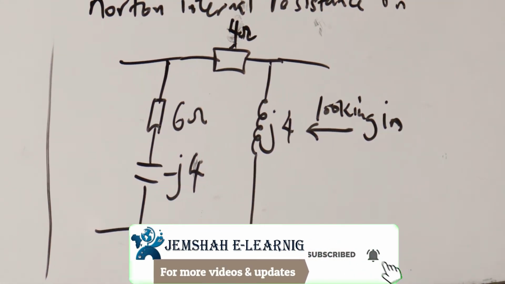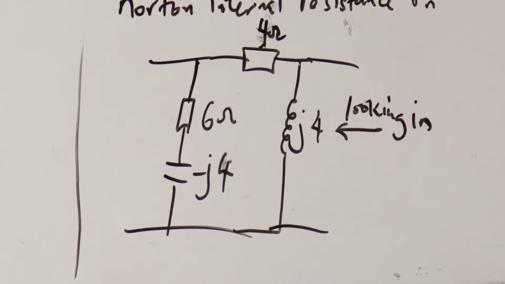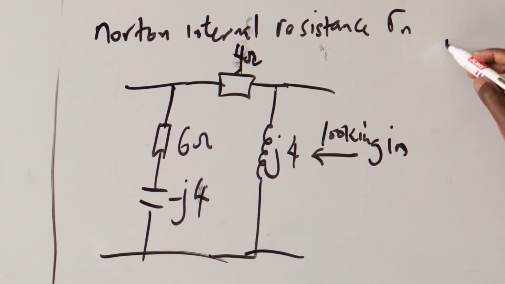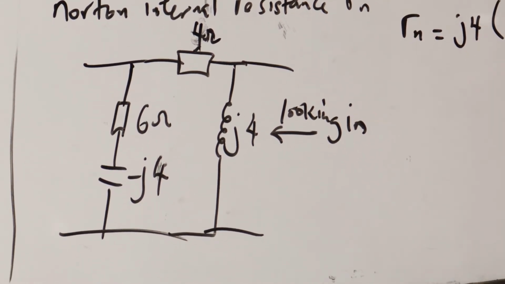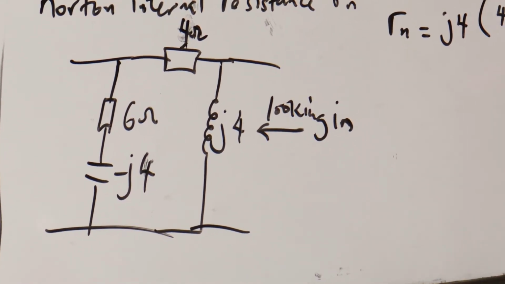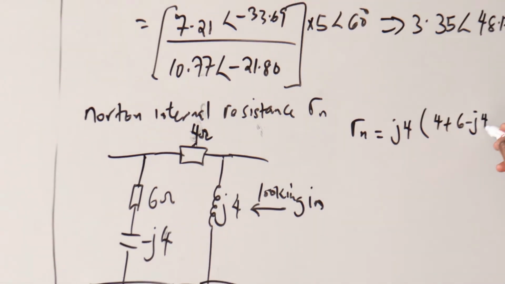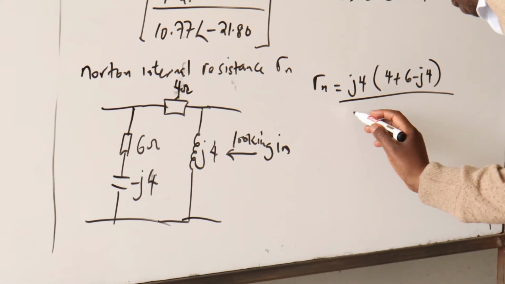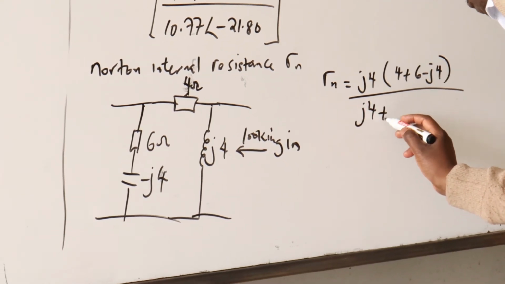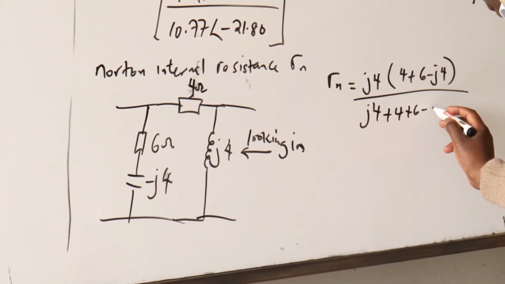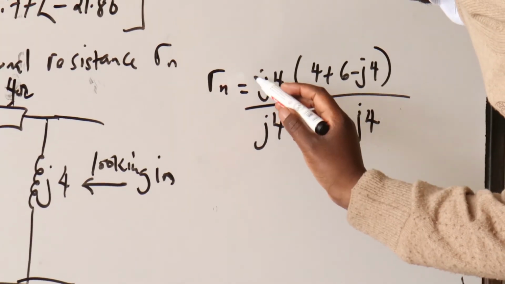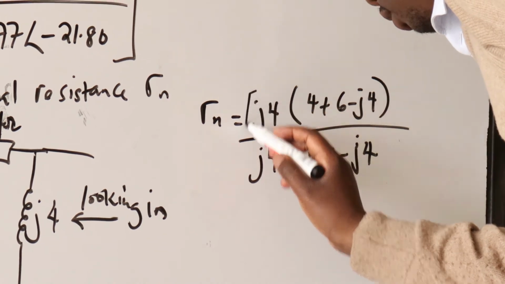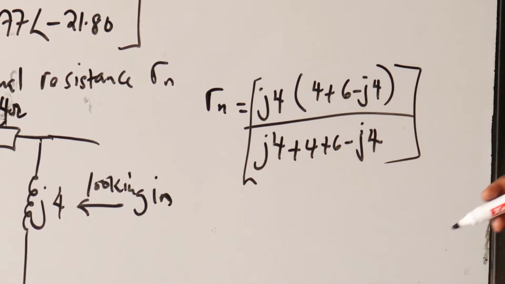Then the 4 ohms is in series with 6, so we shall have Rn given by j4 into 4 plus 6 minus j4, over j4 plus 4 plus 6 minus j4. This is what we shall have there.